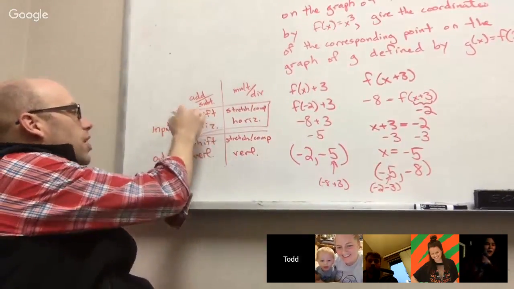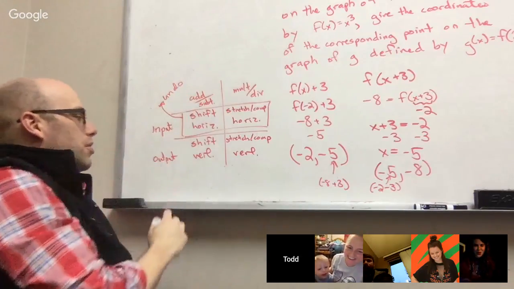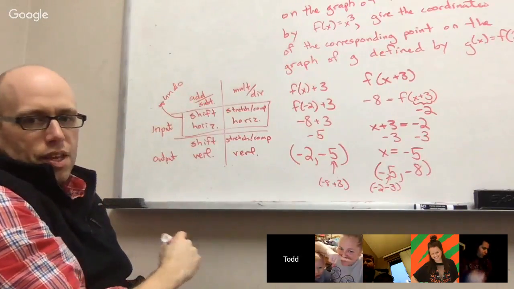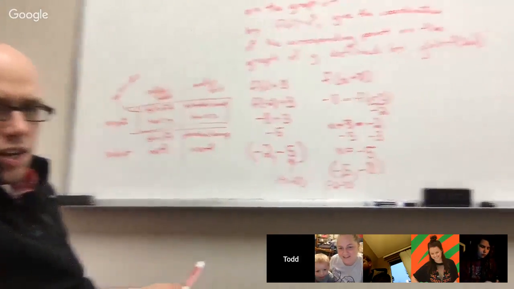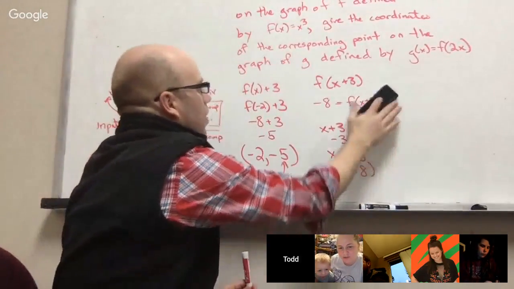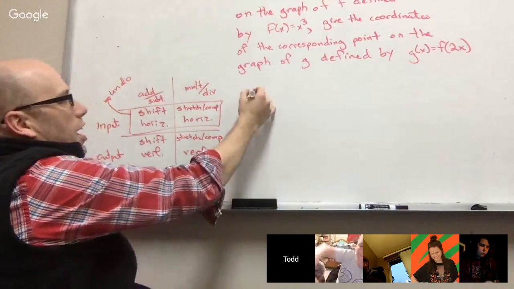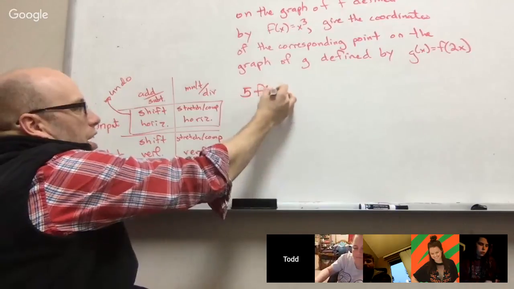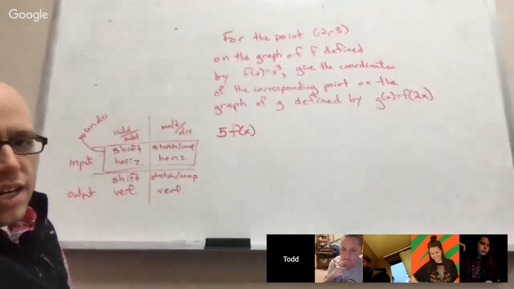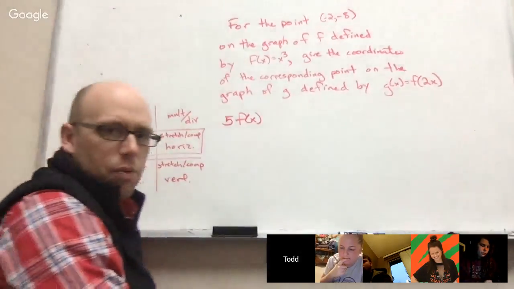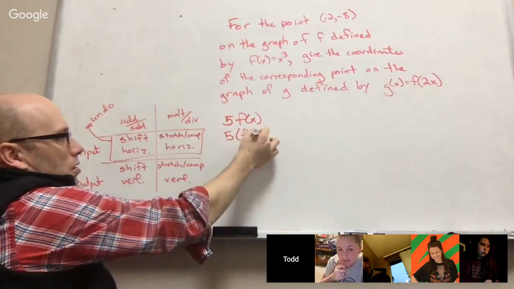All right. So the thing you have to remember here is that we have to undo the operations on the inputs. Okay. Now, let's look at what this would mean here. If I have, say, 5f of x, well, then I can look at my point -2, -8 that I was dealing with earlier, and I can just plug in -2.